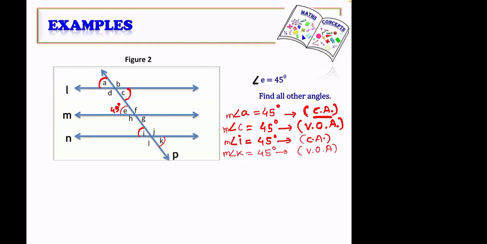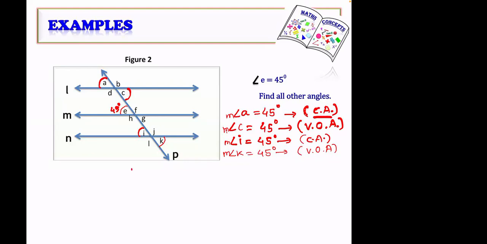And J will be 135 because it is the corresponding angle of H. J is the alternate angle of H, because it is on the opposite side of the transversal.